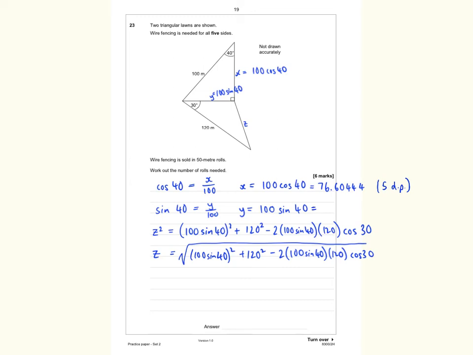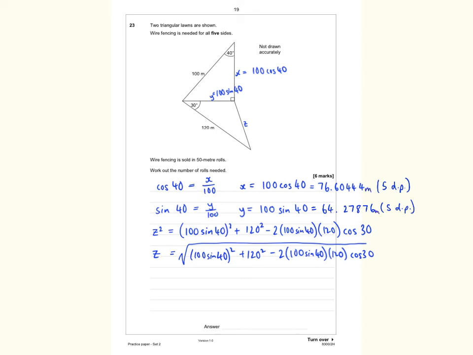Y is 100 times sine 40, and that gives me 64.27876 to 5 decimal places. Okay, so I've got a value for x, and remember these are in meters. Okay, so we're going to say meters and meters.